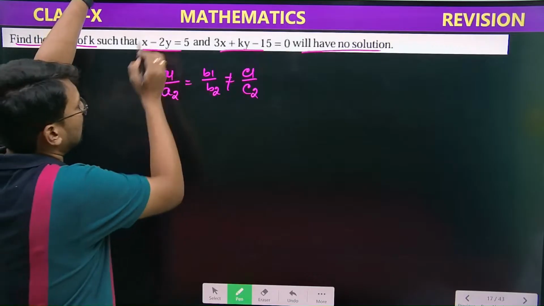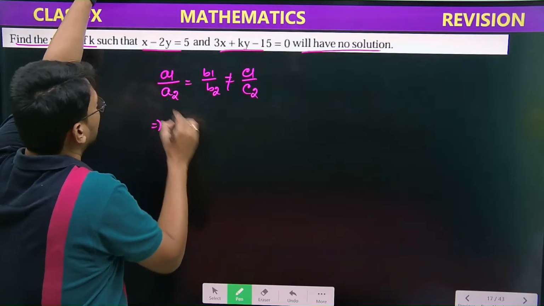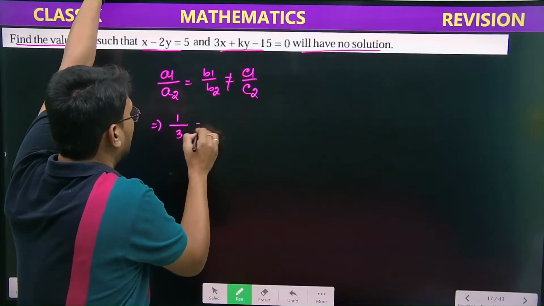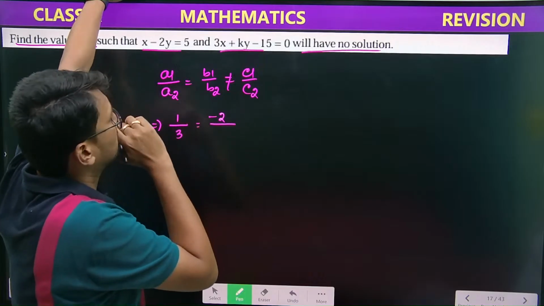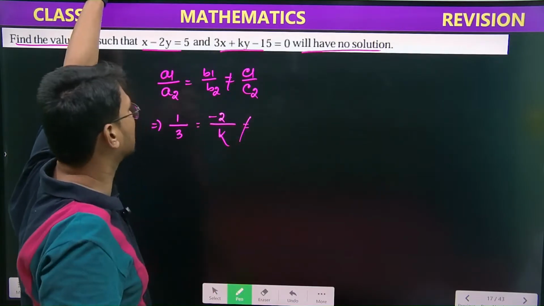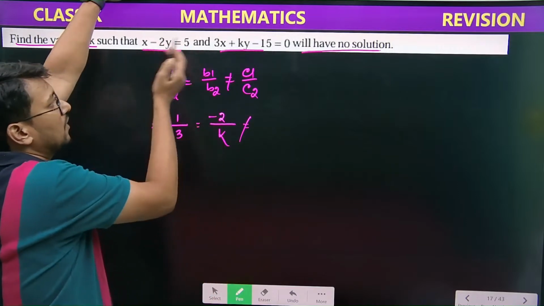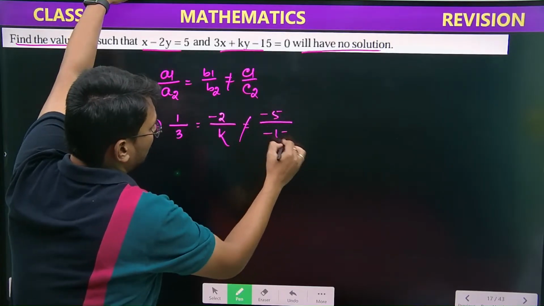What is A1? That is 1. What is A2? A2 is 3, equals B1, which is -2, and B2 is k. It should not equal C1 by C2. C is on the right side. If I bring it to the left-hand side, it will become -5 by -15.